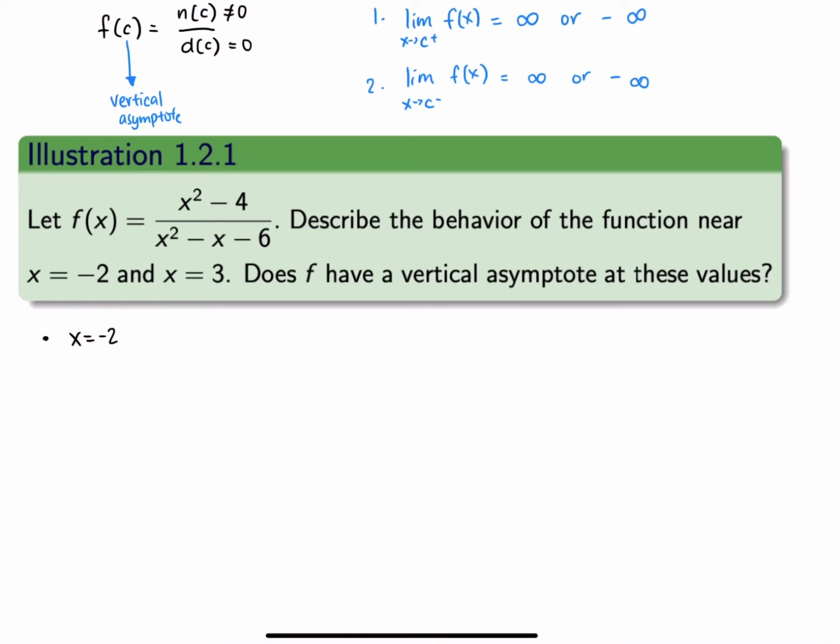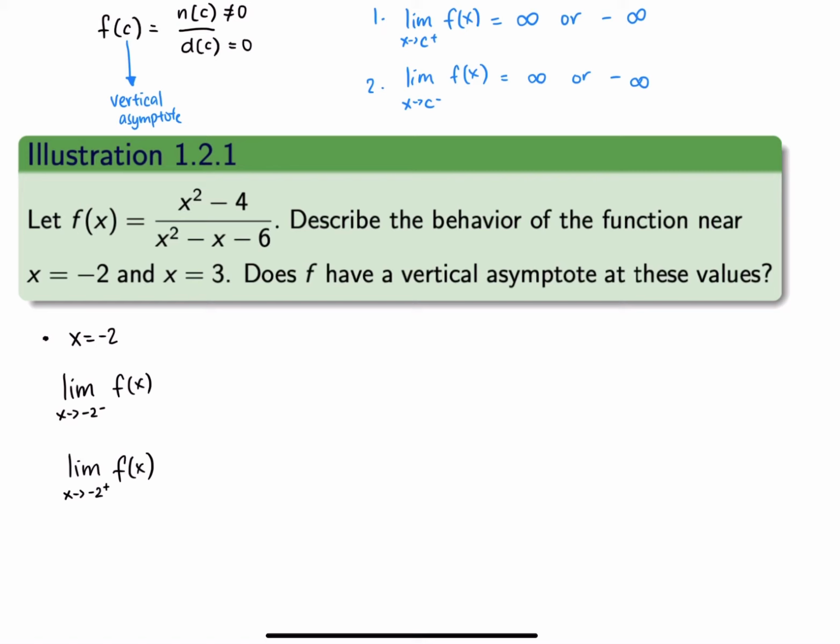We need to determine the behavior of the function as x approaches negative 2 from the left and as x approaches negative 2 from the right. In other words, we need to determine the limit of f of x as x approaches negative 2 from the left and the limit of f of x as x approaches negative 2 from the right.